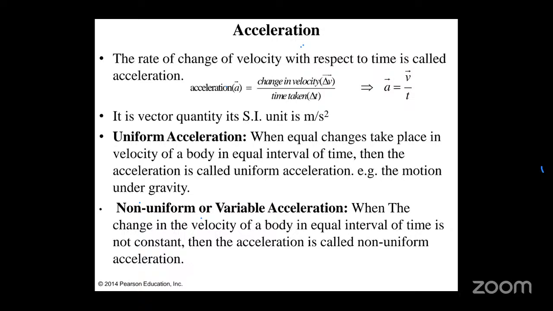So we have g to be 9.8 meters per second squared, a constant value. Now, for non-uniform or variable acceleration, when the changes in the velocity of the body in equal intervals of time are not constant, then the acceleration is non-uniform.